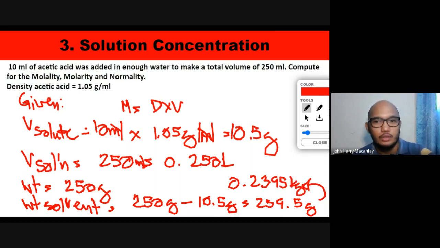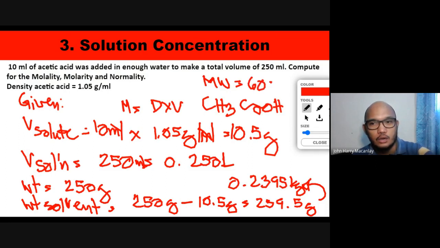What about the molecular weight of your acetic acid? Its chemical formula is CH3COOH. So you have two carbons, 12 times 2 is 24, plus 4 is 28, plus 2 oxygen, 16 times 2 is 32, a total of 60 grams per mole. So those are the givens.